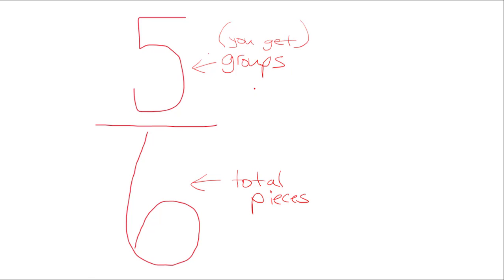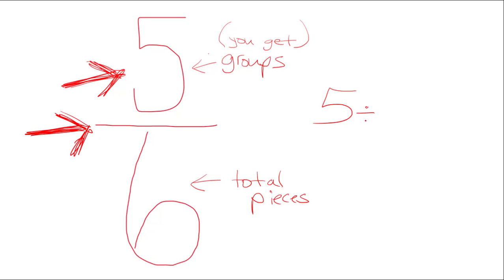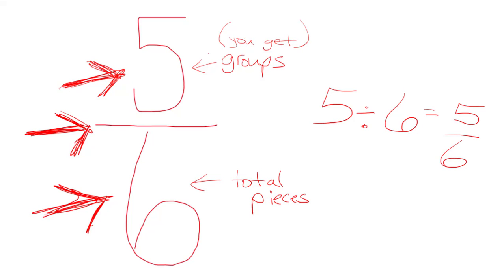Okay, so 5 groups, 6 total pieces. How do we say that as a division problem? Where we would say 5. Remember, the line stands for divided by 6 equals your 5/6. 5 divided by 6.